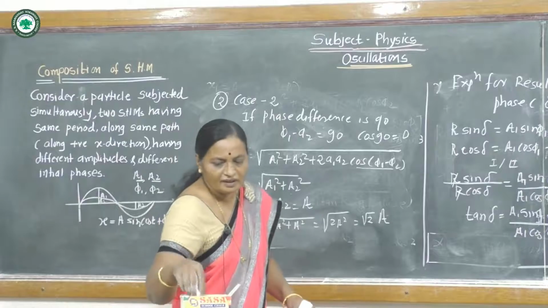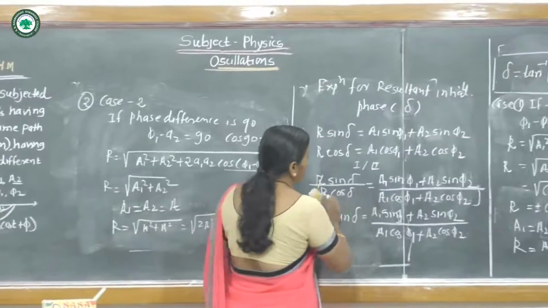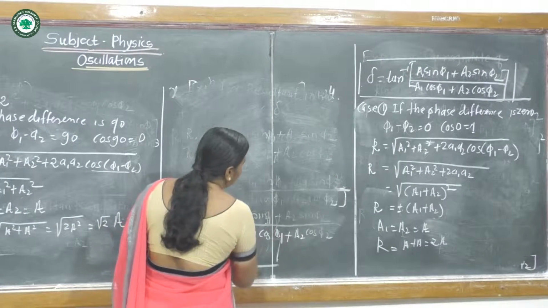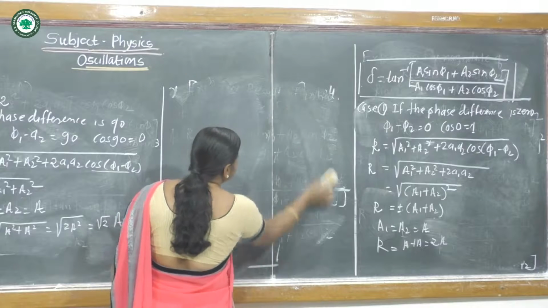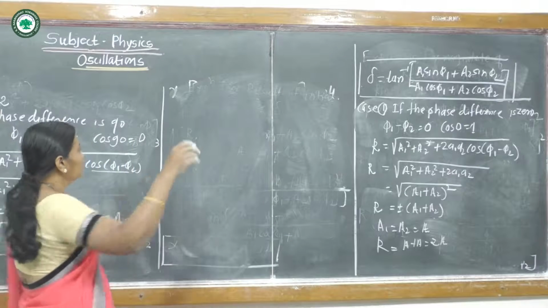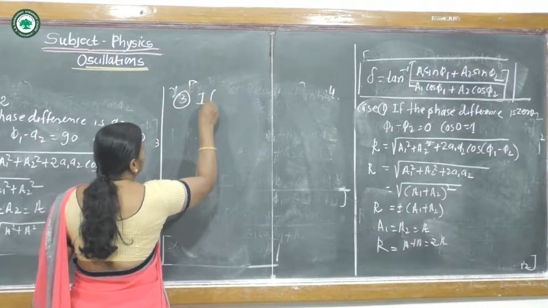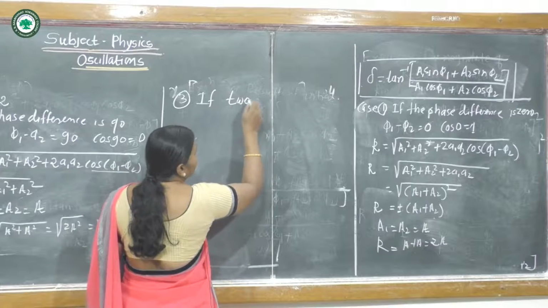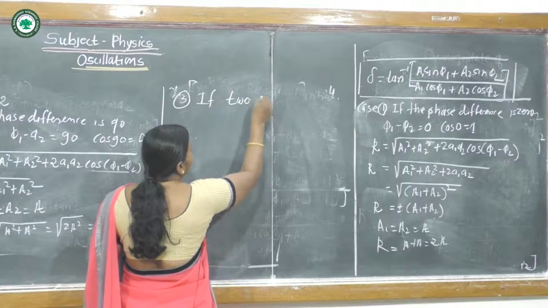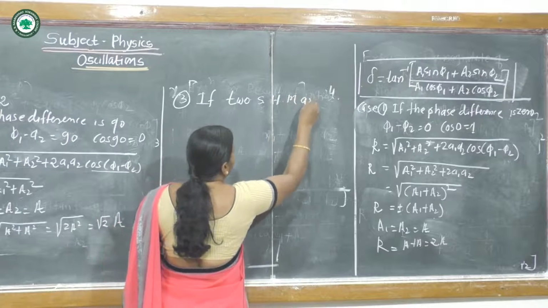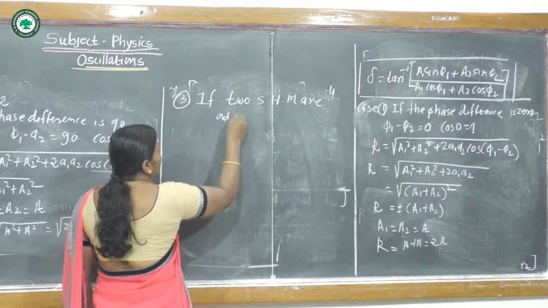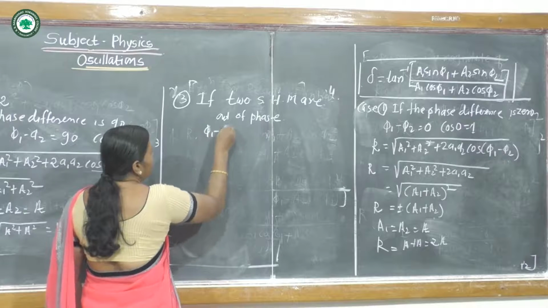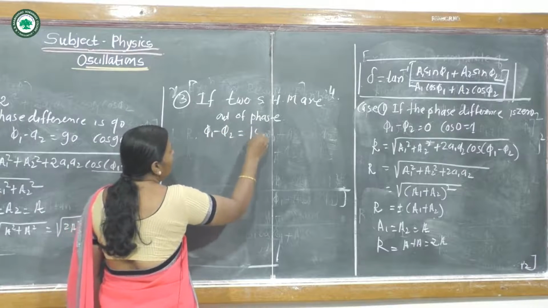Now we see the third case, if the two SHMs are out of phase, that is phi 1 minus phi 2 is equal to 180 degrees.